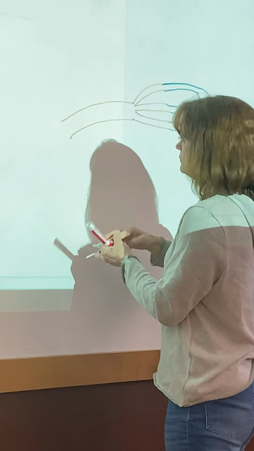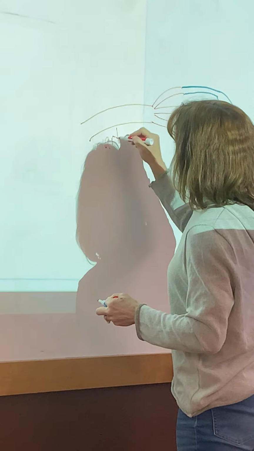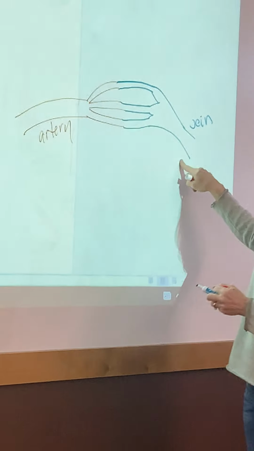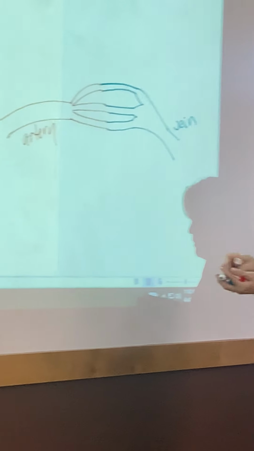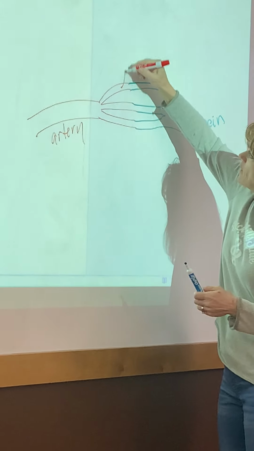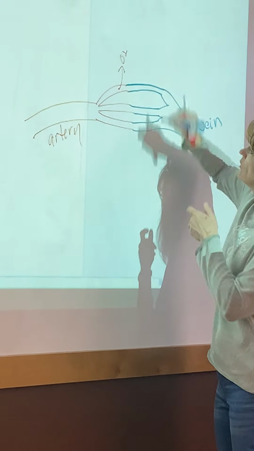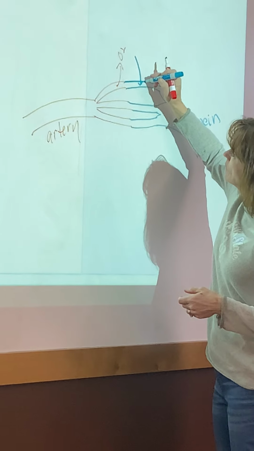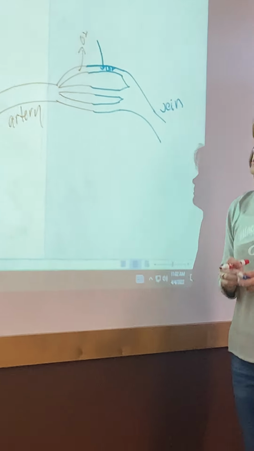This is artery. This is vein. And what we're going to do here is dump off oxygen to the cells, and pick up CO2 into the bloodstream, right?